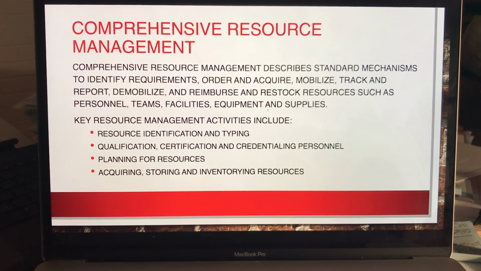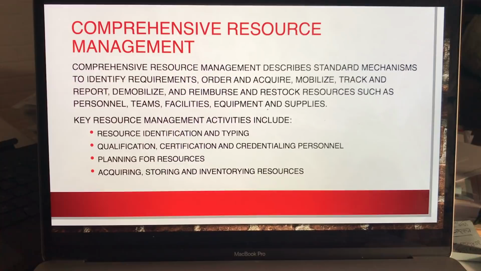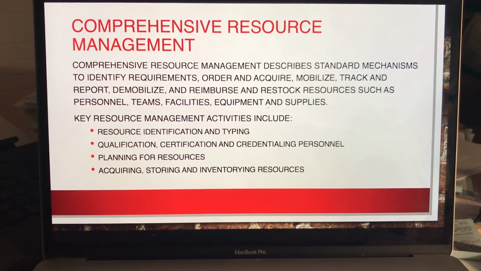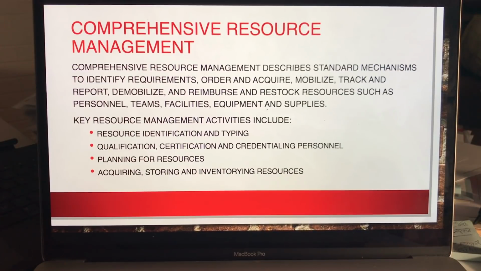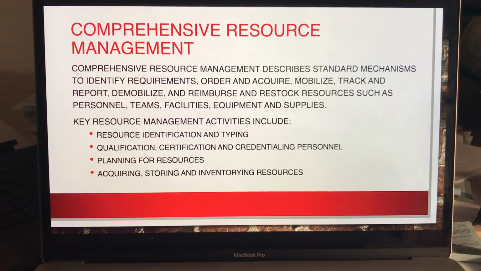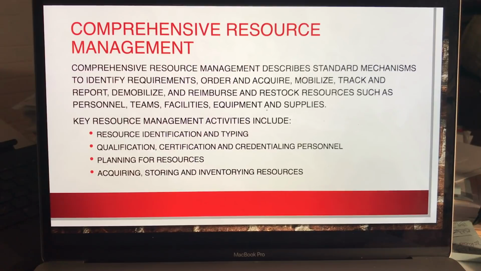Key resource management activities include resource identification and typing, qualification, certification, and credentialing personnel, planning for resources, acquiring, storing, and inventorying resources.